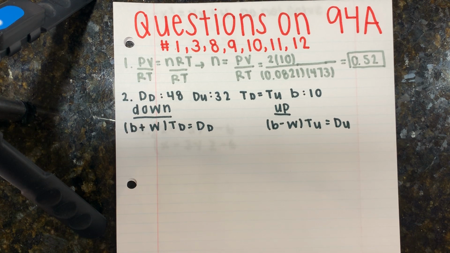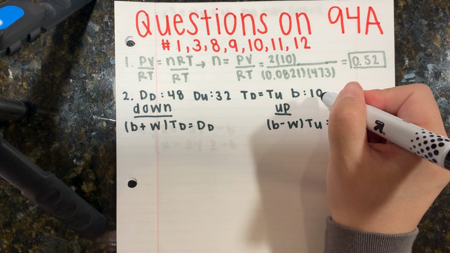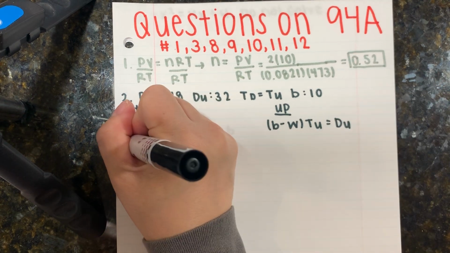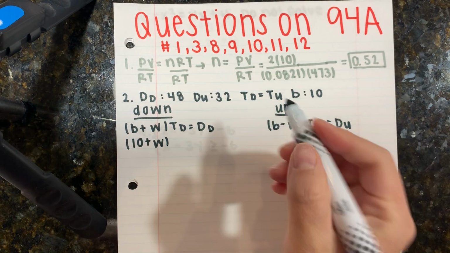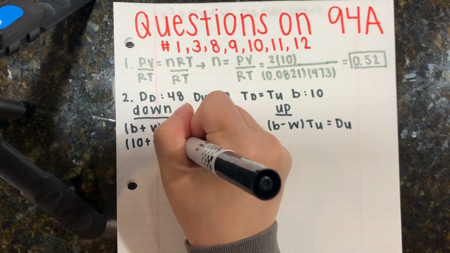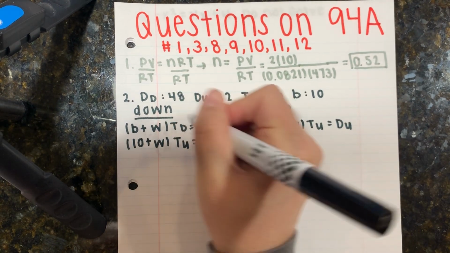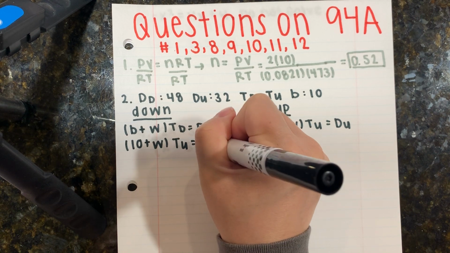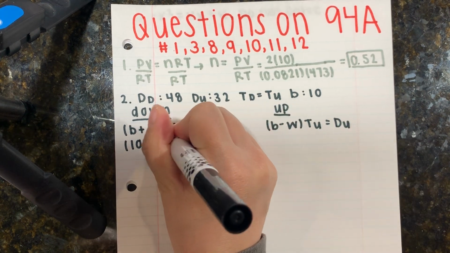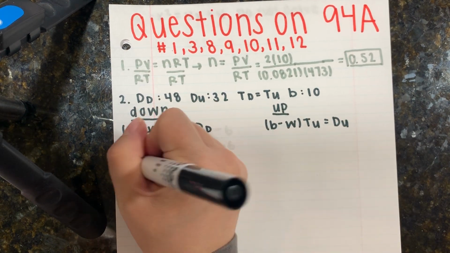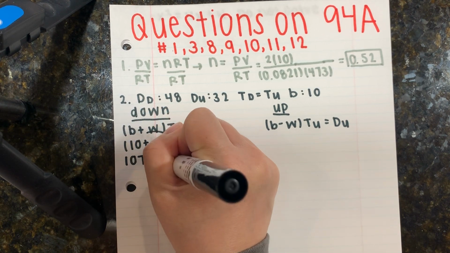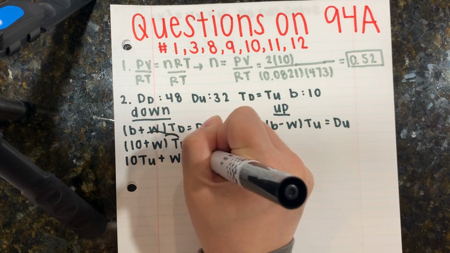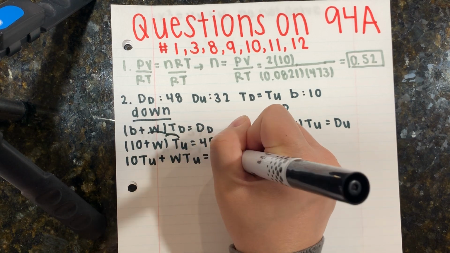Now I'm going to plug in the information that I know. I know that B is equal to 10, so this would be 10 plus W. I'm going to change my TD to TU and my DD to 48. I'm going to distribute the TU, so I get 10 TU plus WTU equals 48.